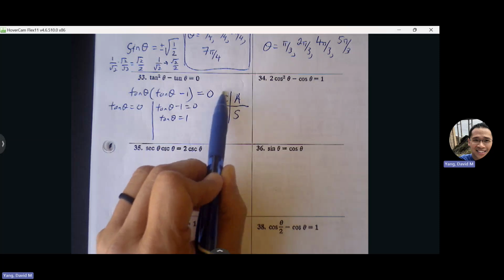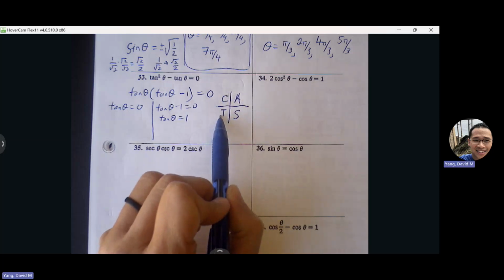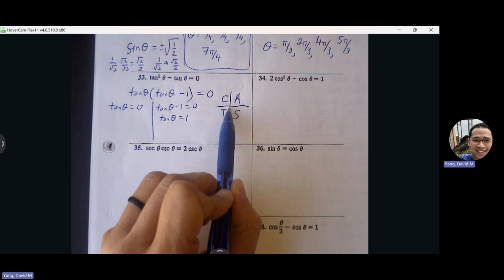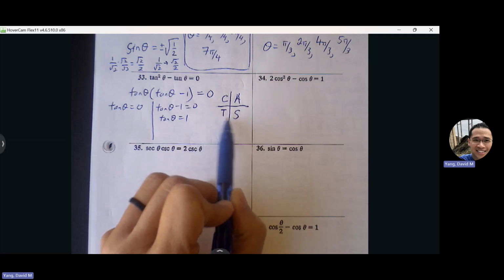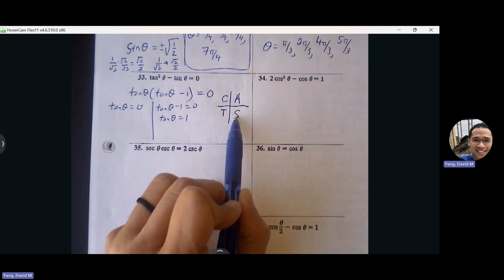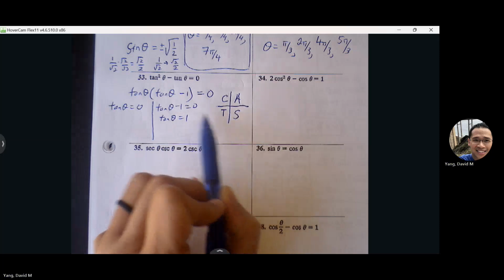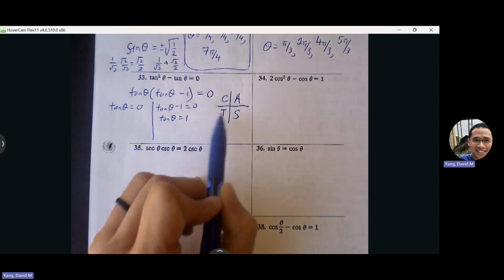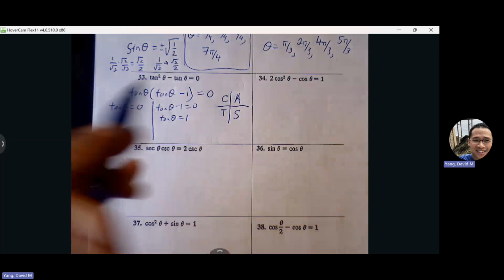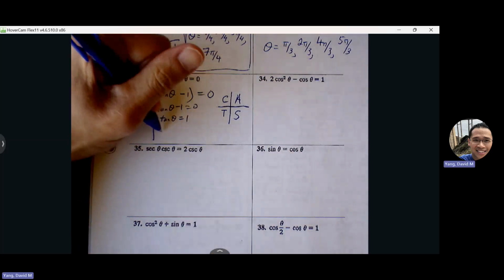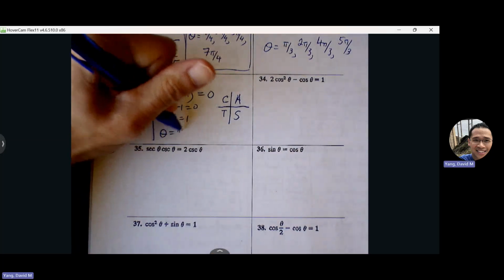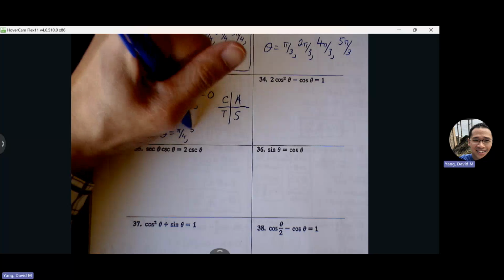Everything else is going to be negative. Third quadrant, only tangent and cotangent are positive here. Everywhere else is going to be negative. Fourth quadrant, only cosine and secant are positive. Everything else is negative. So tangent is going to be positive in the first and third quadrant, so pi over 4 and 5 pi over 4.